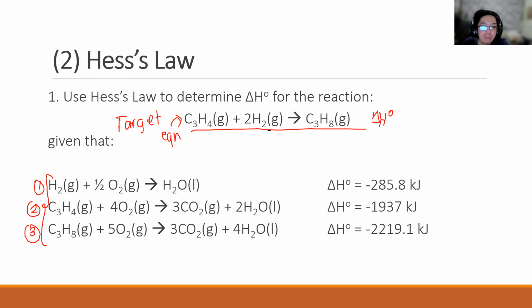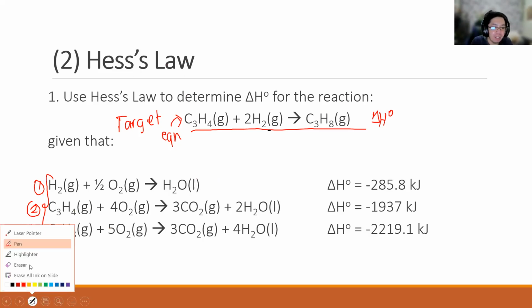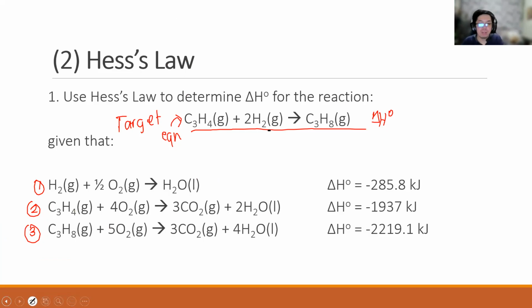So, nung una, kailangan po yung C3H8 or yung propane must be on the other side. Yung 2 naman po, it seems na we can just retain it. But we need two. So, yung sa una po sa 1, 2 times equation 1 muna. Tapos ita-times ko to sa 2, right? Tama ba? Okay, good.